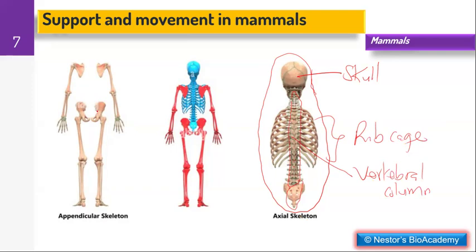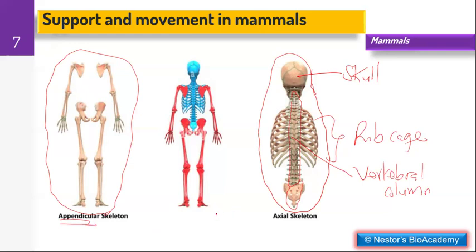Then we have these other bones which are like attachments. They are bones which are attached to the axial skeleton. These bones attached to the axial skeleton, as you can see in this illustration here, make up what we refer to as the appendicular skeleton.